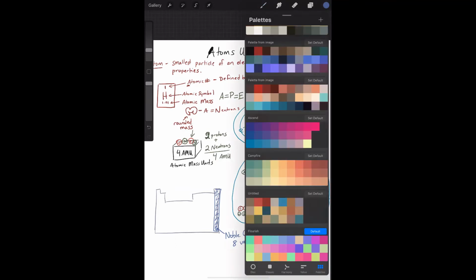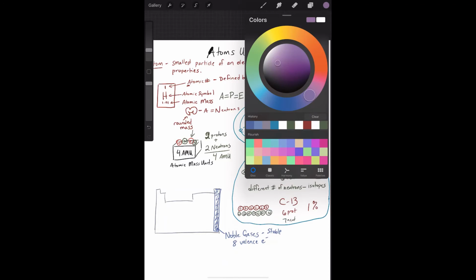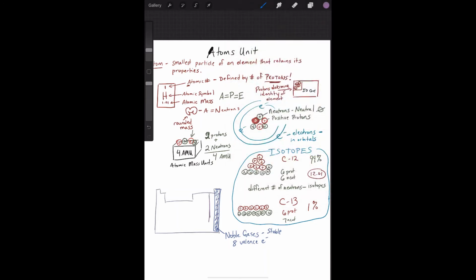Then right next to it, I'm going to have this group here, and this is the halogens, and they have 7 valence electrons, and they are very reactive.